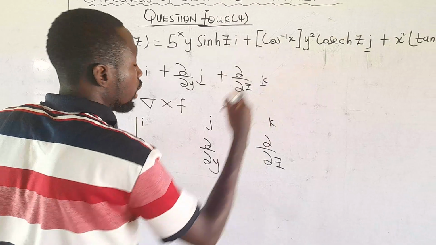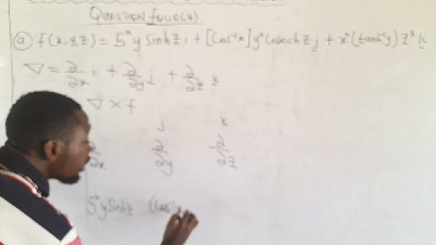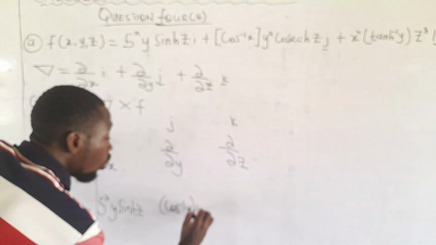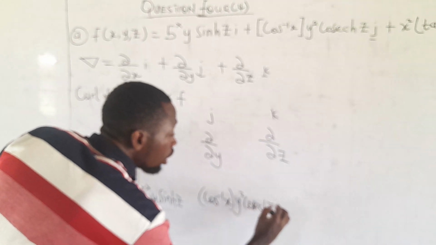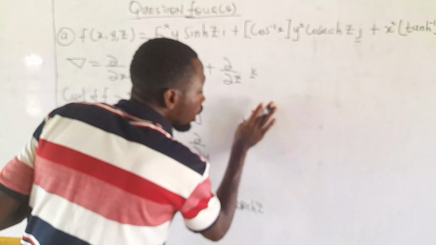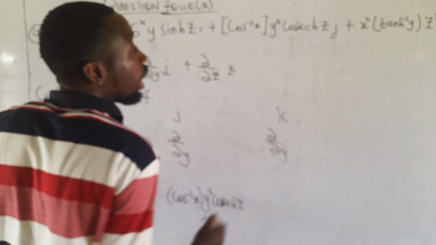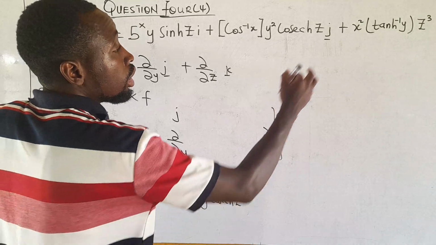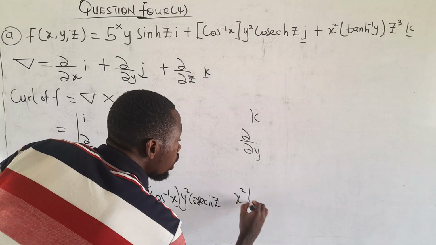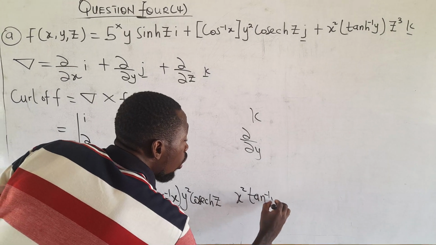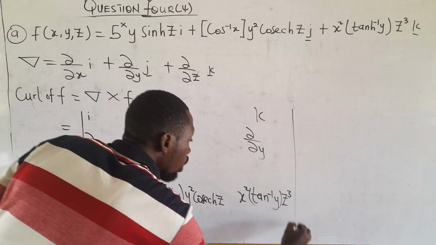Then the j is cos inverse of xy squared cosec z. Let me shift this to this side small. So we have k, del over del z. And under the k, we have x squared tan inverse of y z cubed. I hope you get that.